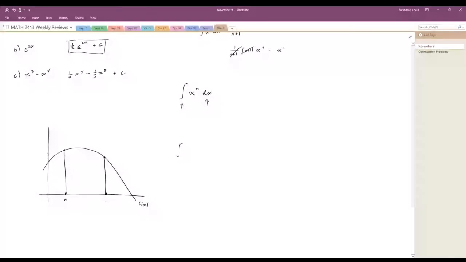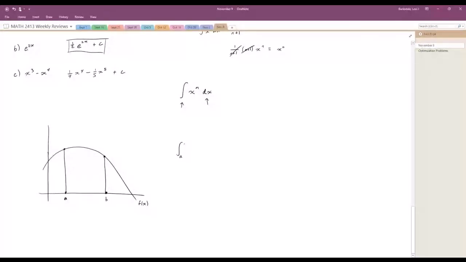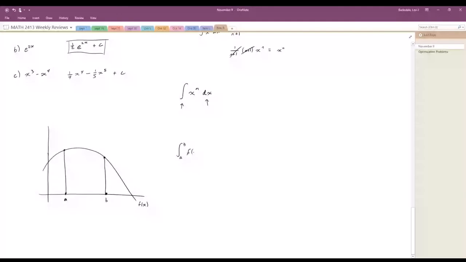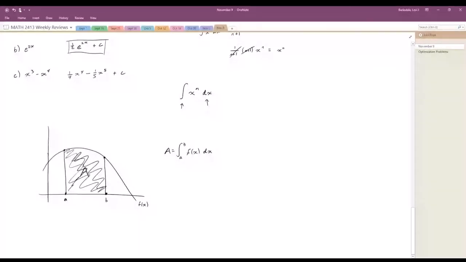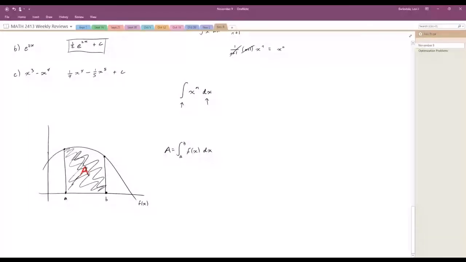Taking the antiderivative starting at one point and ending at another point will actually give us the area between the graph and the x-axis on that interval. I'm just going to write that in so it stands out. So that's the geometric interpretation of what an antiderivative gives us. A derivative gets us slope, an antiderivative gets us area.